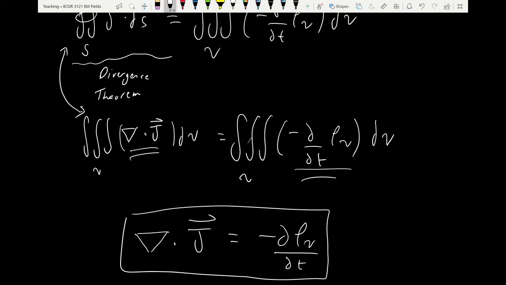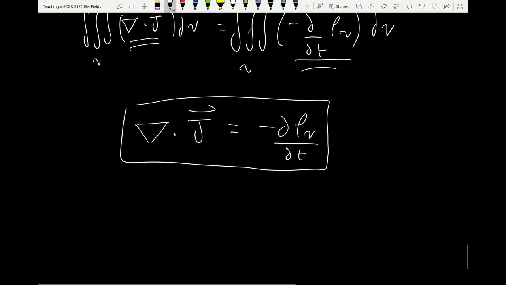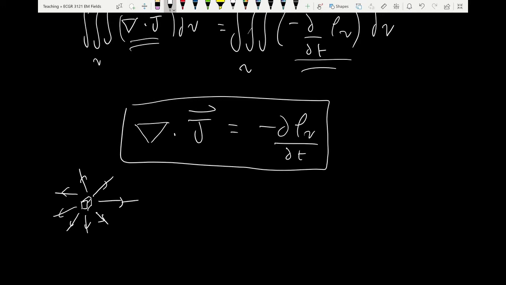And this intuitively makes sense. If you have some small, infinitesimal volume in space where there is a divergence, what does it mean there's a divergence? Meaning j is going out like this, right? That's what it means to have a divergence at a point.